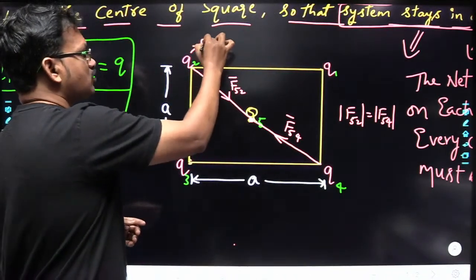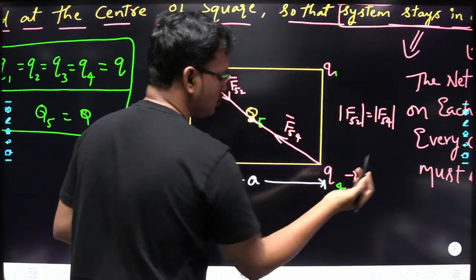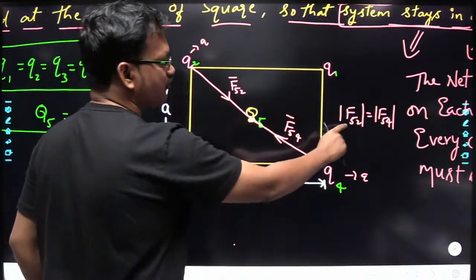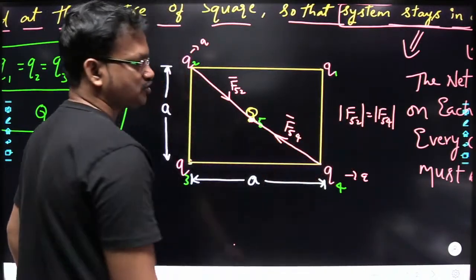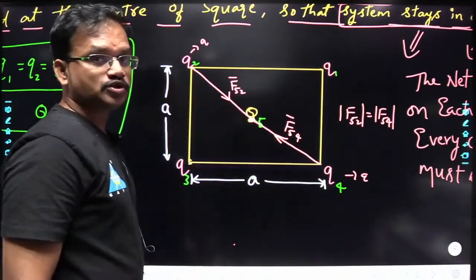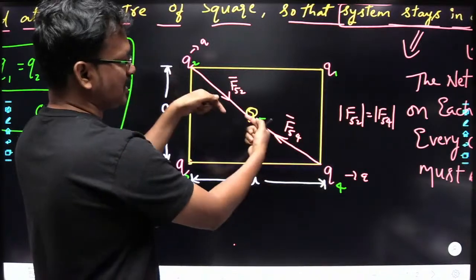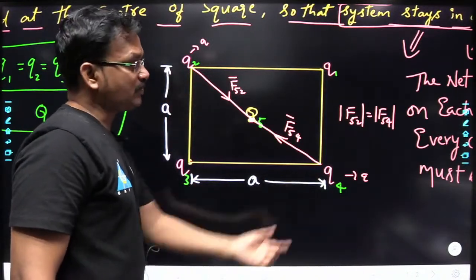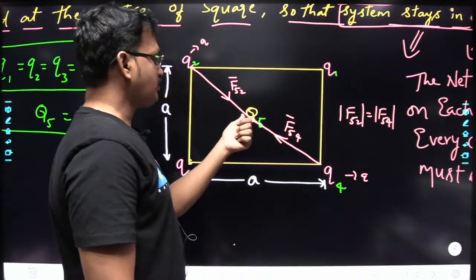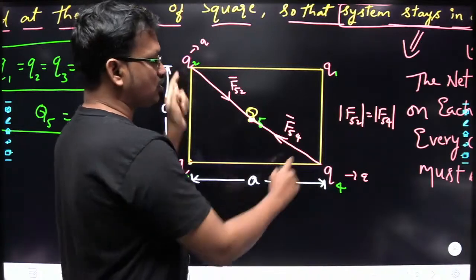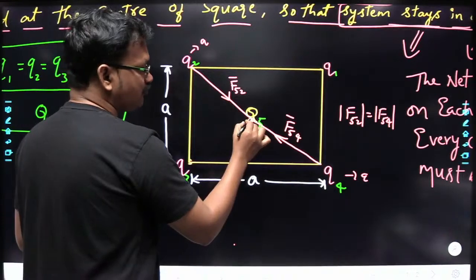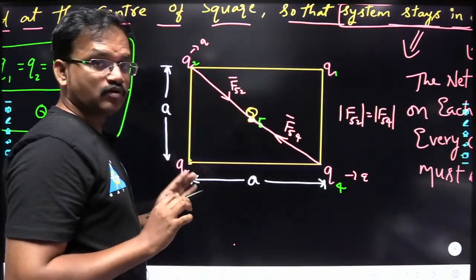Q2 value is Q, and Q4 value is also Q, and the distance is the same. And these two forces are acting exactly opposite to one another. So if the magnitudes are the same and they act exactly opposite, the net force at this location due to Q2 and Q4 will become 0. Yes or no?